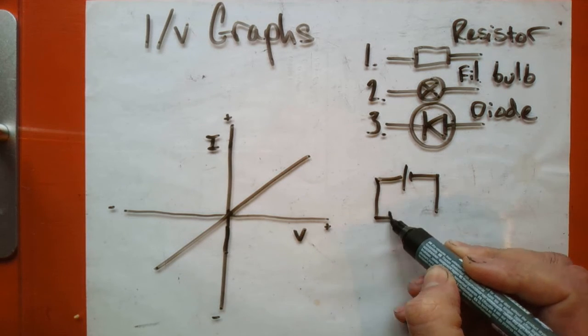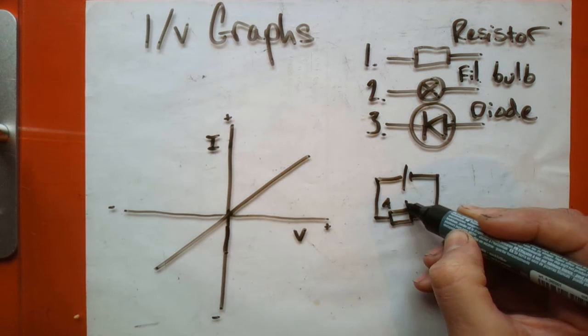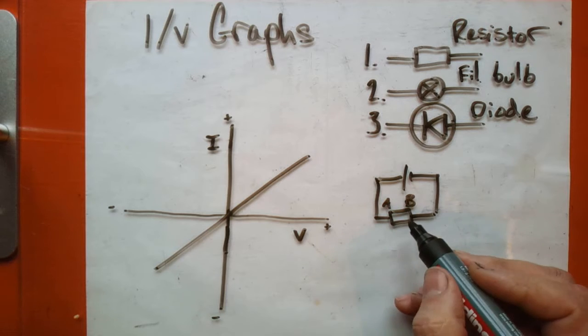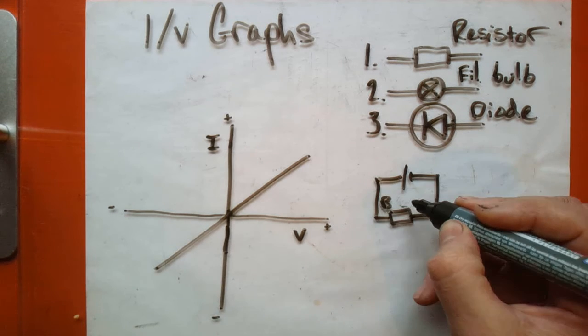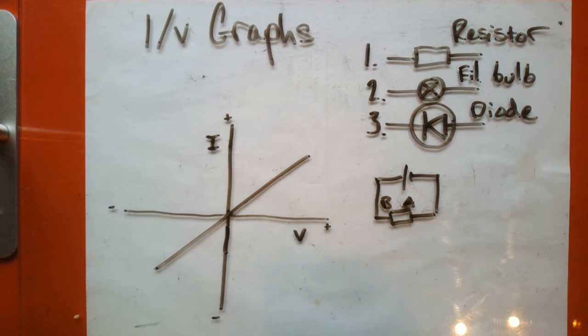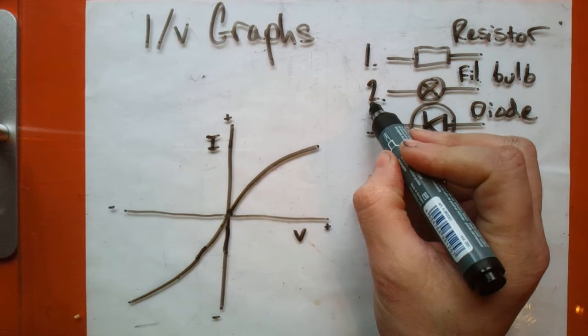So if we had a circuit that looked like this, we could put that resistor in either direction. If we set an A and a B direction, we could take this out and plug it back in the opposite way round, and it wouldn't matter. It will work the same way.